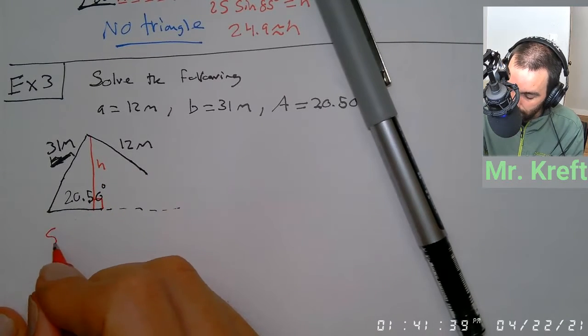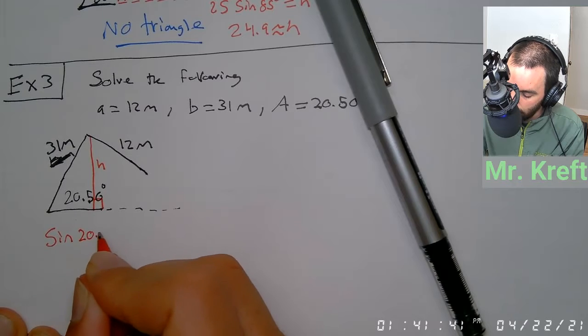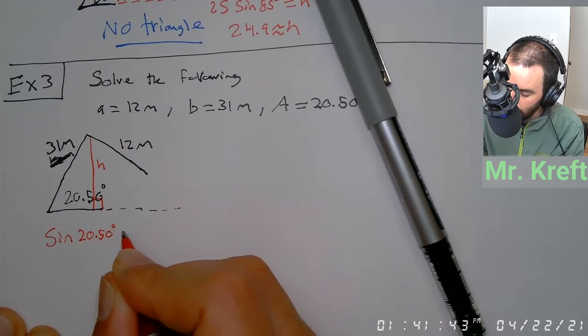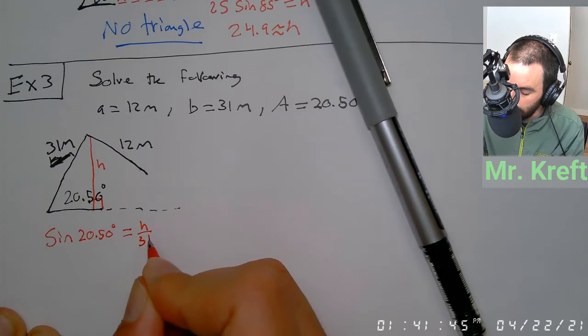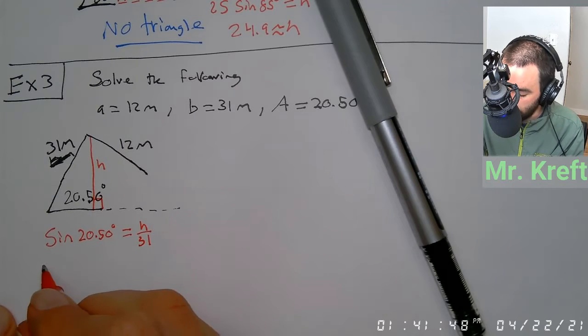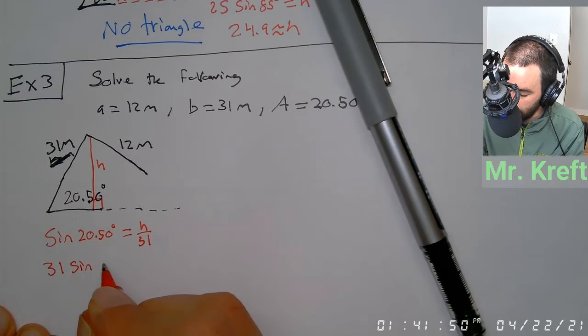Okay, so the height here is going to be sine of 20.5 degrees equals h over 31, which is 31 sine of 20.5.